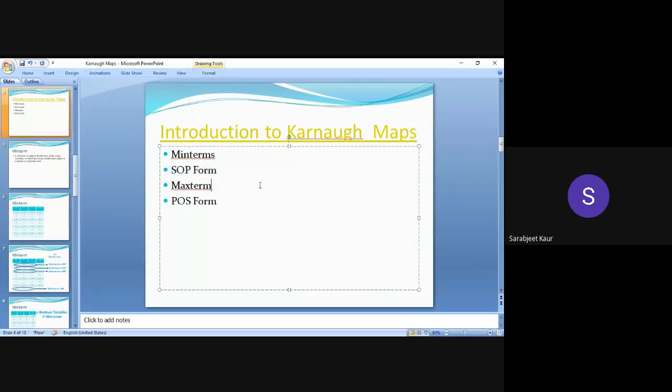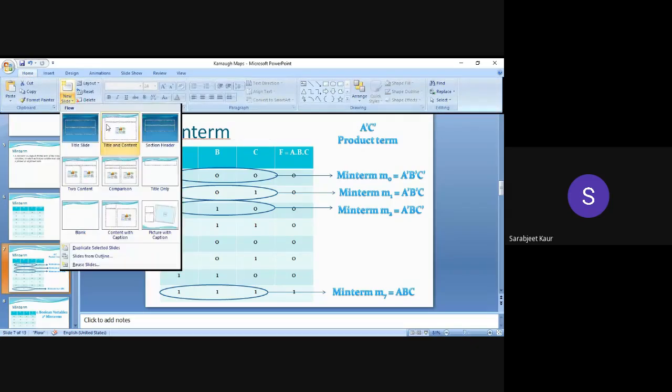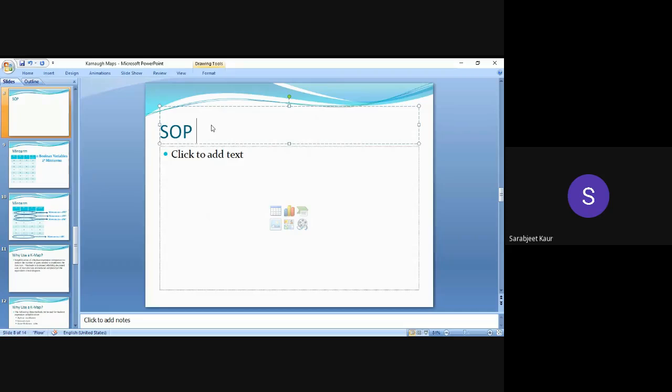So, in general, if I am writing any expression of this sort, we see this Boolean expression f is actually a 3 variable expression, or not? Yes, ma'am.